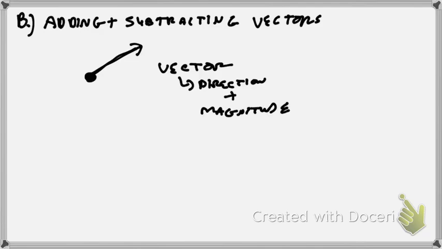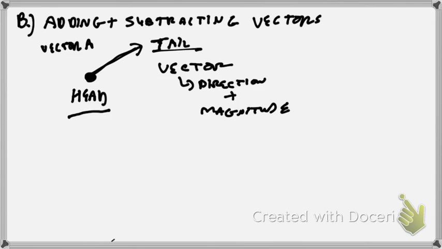Let's say this is vector A. This is the head of the vector, and this is the tail of the vector. So the vector has direction and magnitude. Let's say that this is 10 meters per second northeast. Let me just redraw this.